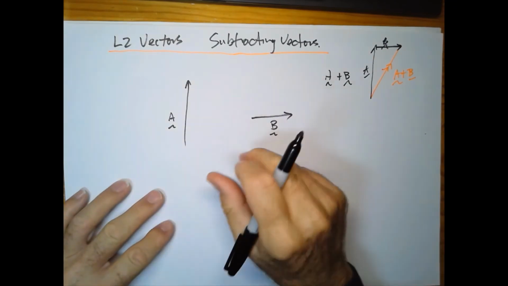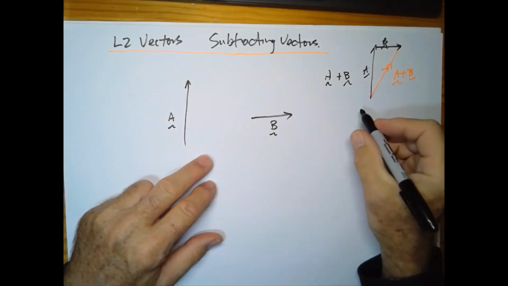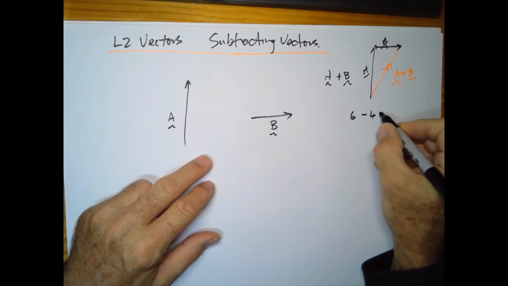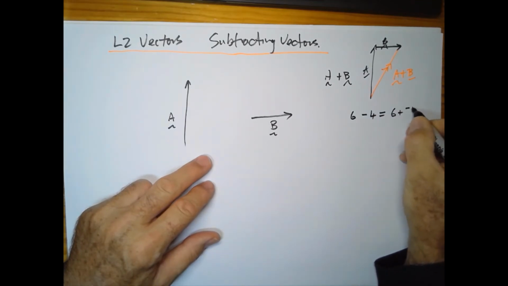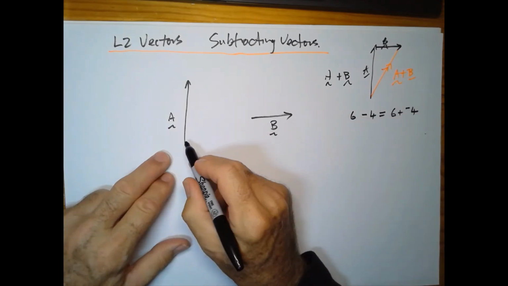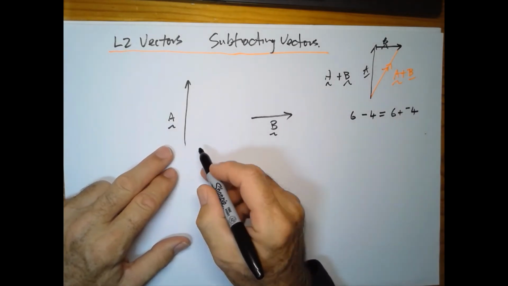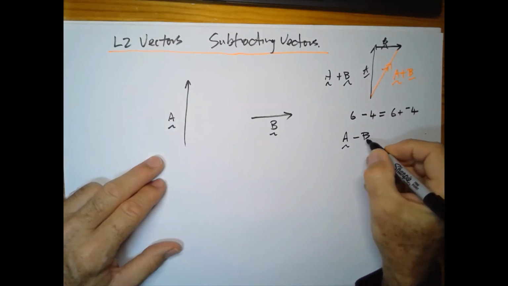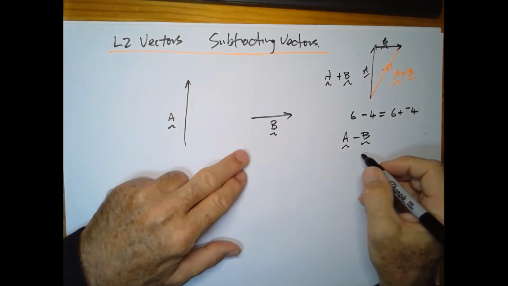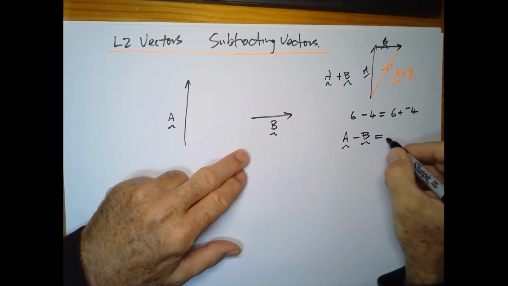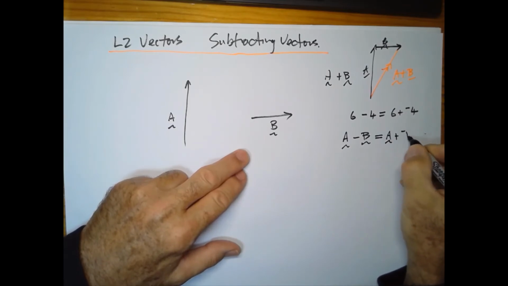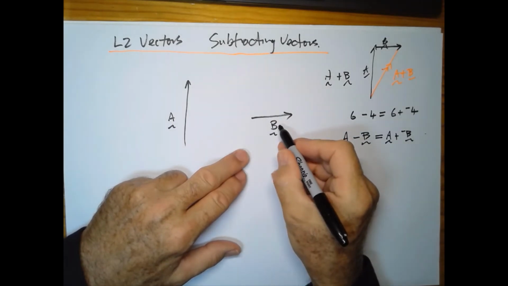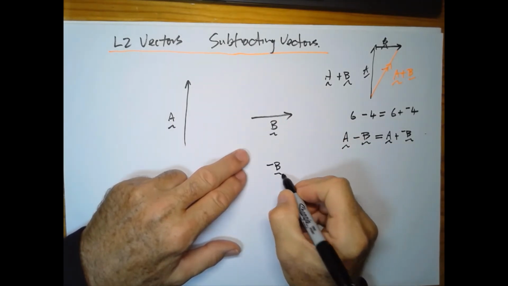But subtraction, how do we subtract? Remember our bananas, 6 minus 4 is the same as 6 plus negative 4. Well, let's have a look at subtracting A minus B. First thing we need to know, we're going to say that's equal to A plus negative B. First thing we need to know is, if this is B, what is negative B?